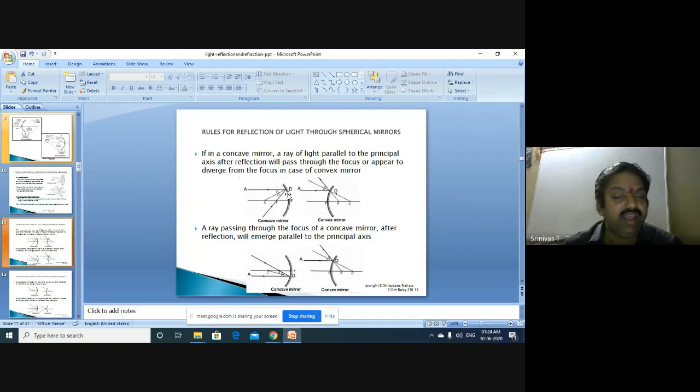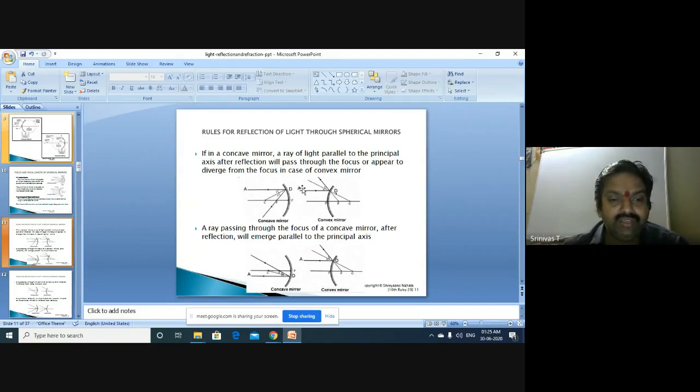After reflection, it comes via the focus. In a convex mirror, they appear to diverge from the focus; you have to assume the light rays are coming from this direction, so they just appear to be coming from a particular location.